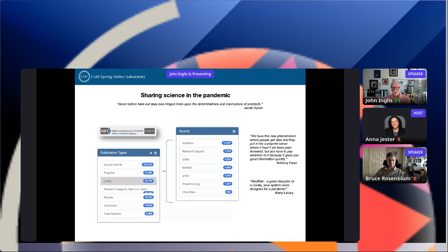They've identified 120,000 journal articles, but also 37,000 preprints that are relevant to the pandemic in different ways. And I've called out here the different preprint servers that have posted preprints related to different aspects of the pandemic. And as you can see, medRxiv is up there at the top.